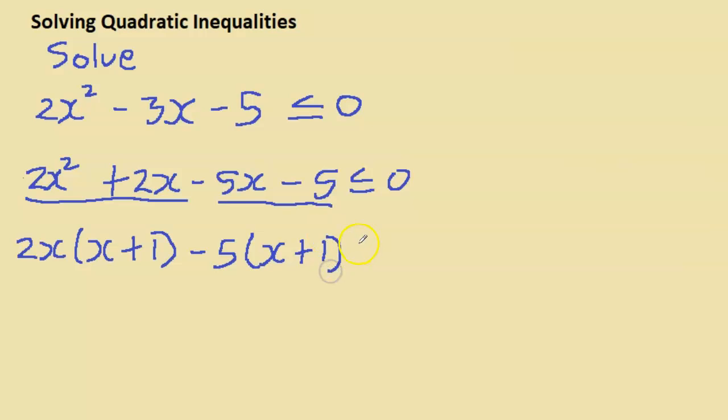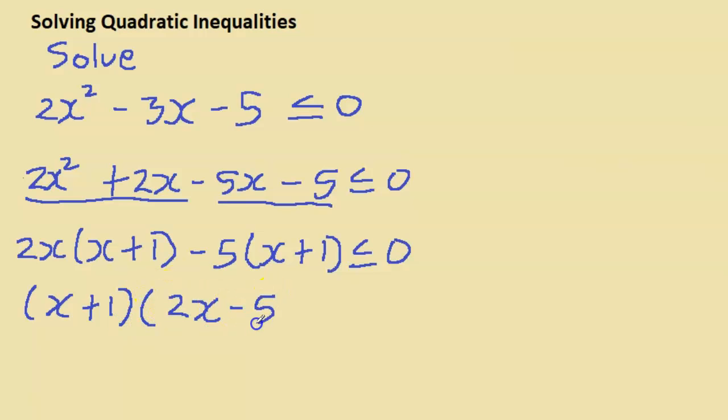And you can just quickly expand to make sure you have the correct factors. So, common factor, x plus 1. Outside, we have 2x minus 5. And again, to get the critical values, we equate each of these brackets to 0 and you solve. Good?